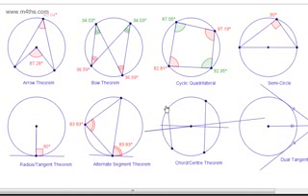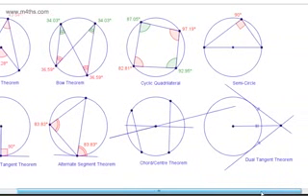So what we can see here is I have two chords that are bisecting now, or two lines that are bisecting these two chords, and they are finding the centre of the circle. So if we have now a chord and we bisect it, the line will go through the centre of the circle.